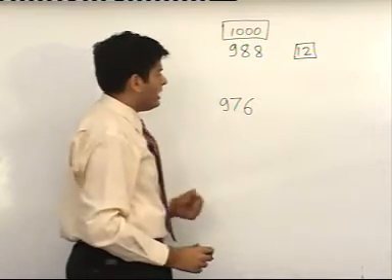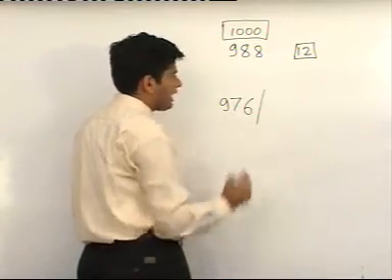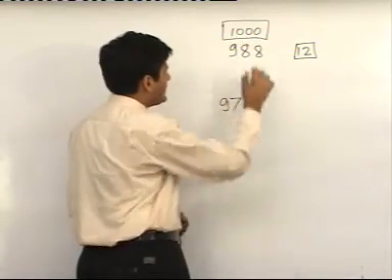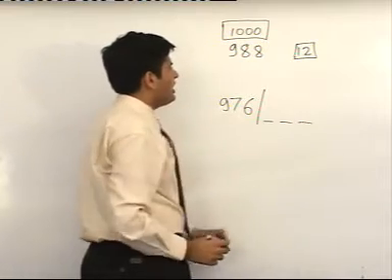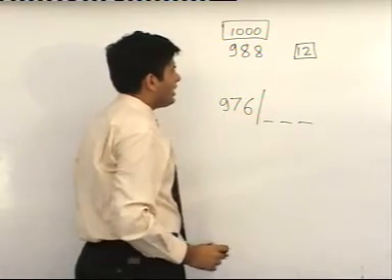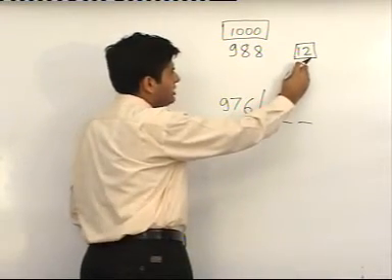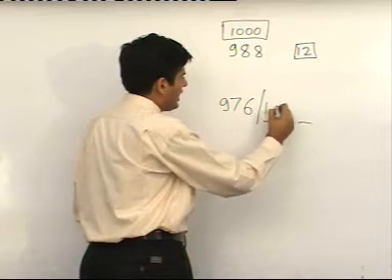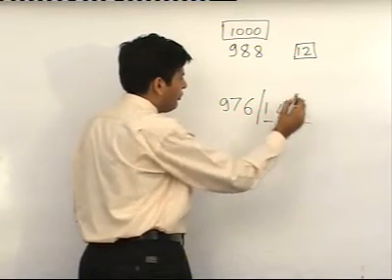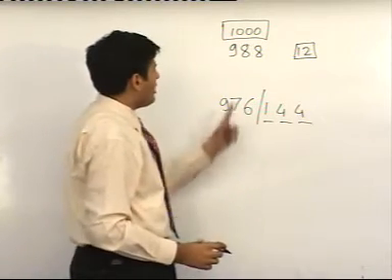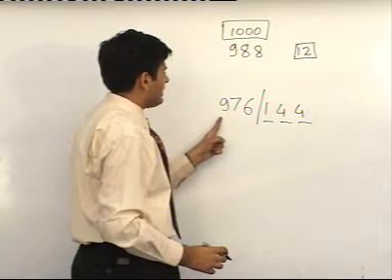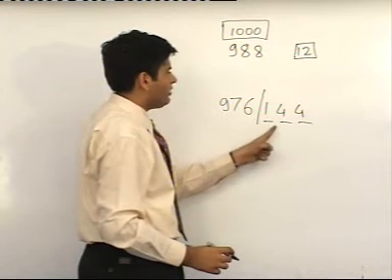This becomes the left half of our answer, and for the right half, we'll have a 3-digit answer because there are 3 zeros. 12 square. 12 multiplied by 12 is 144. So the answer is 144. Therefore, the square of 988 is 976144.